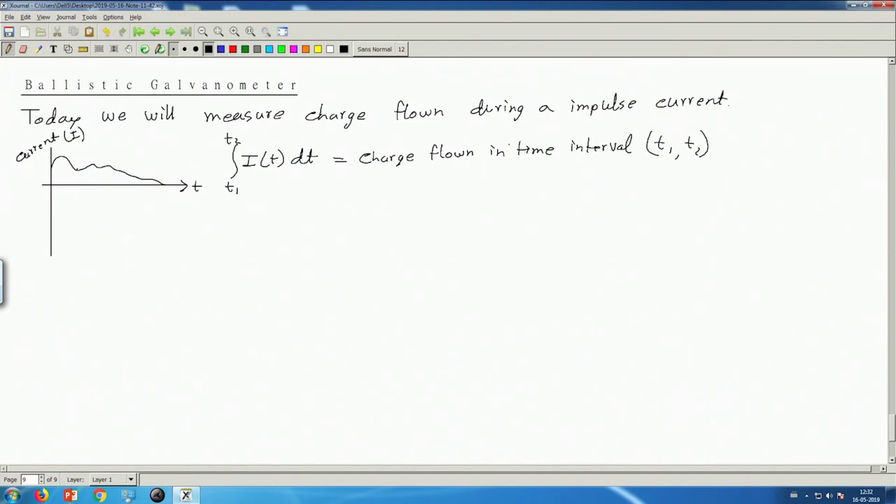If this is T1, this is T2, and we perform an integration, that is the area under this curve, which is nothing but the charge flown within that time.